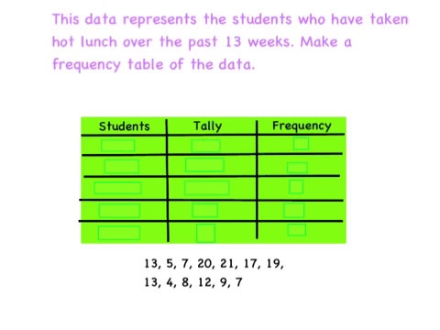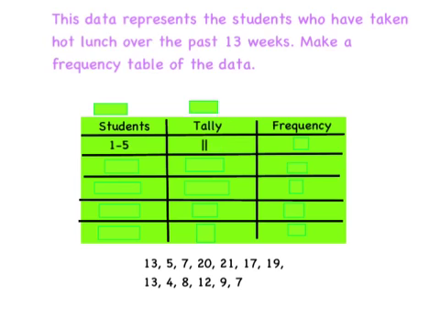Now we're going to try a story problem. The story problem is, this data represents the students who have taken hot lunch over the past 13 weeks. Make a frequency table of the data. Let's start with the first row.